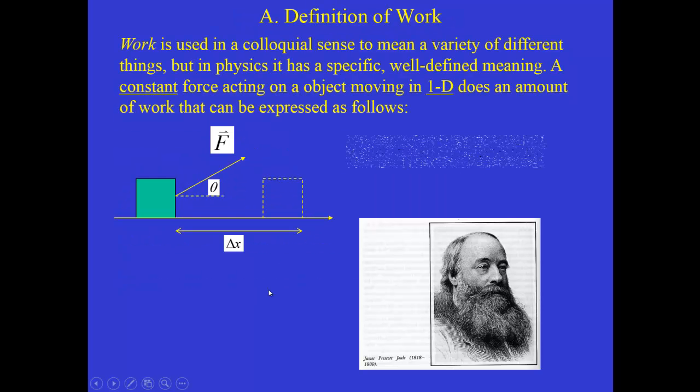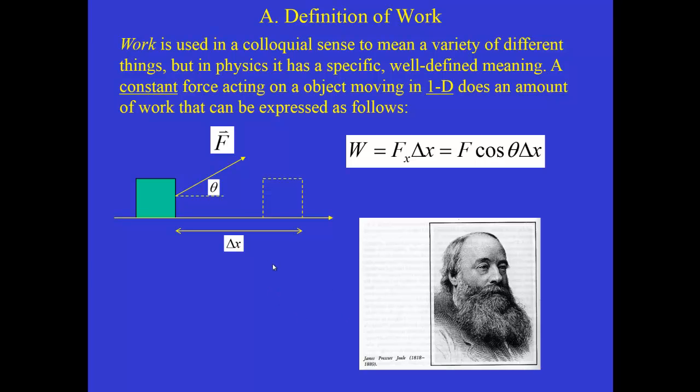And so the definition for work done for this situation is that the work is equal to the component of the force along the direction of motion, if this horizontal direction is the x-axis, times the displacement. And so realize that this component can be either positive or negative depending on whether the force is aligned parallel to, or has a component parallel to, or opposite to the displacement.